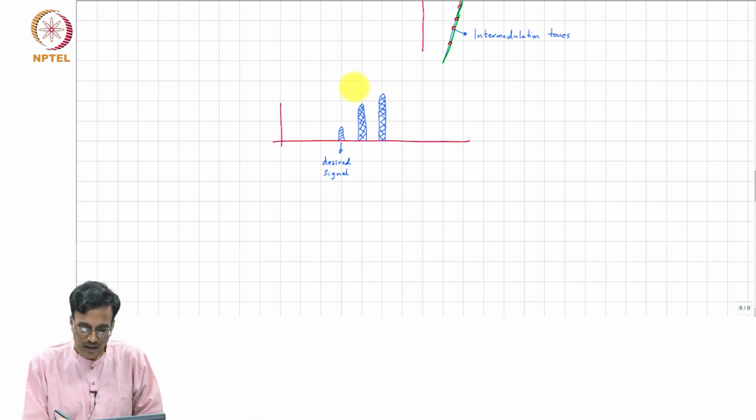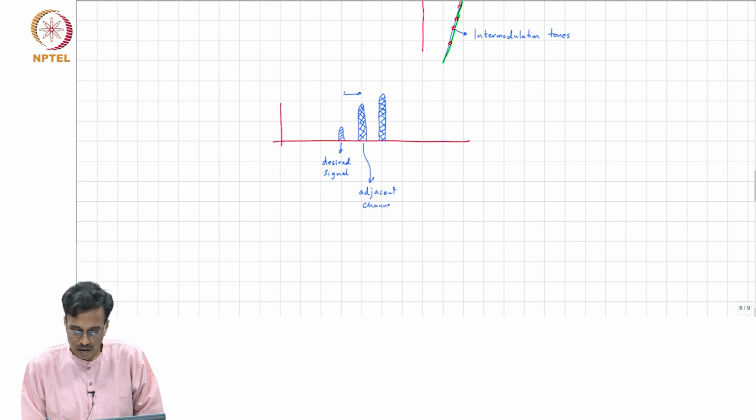These are adjacent and alternate channels. This is called the adjacent channel, and this is called the alternate channel.